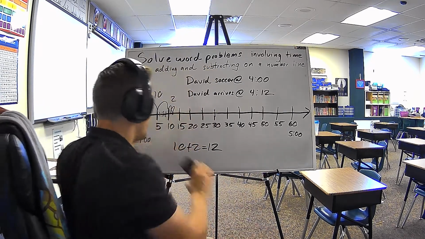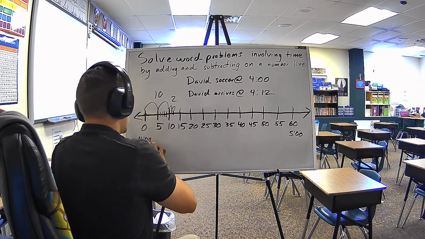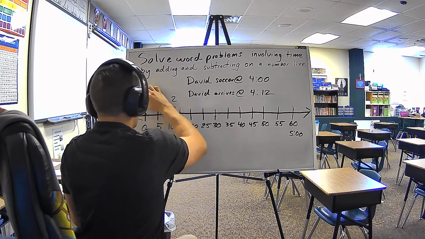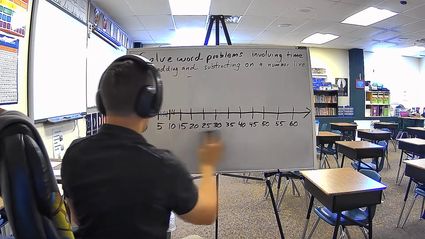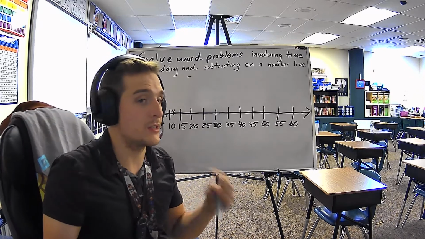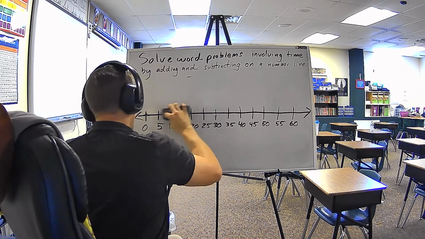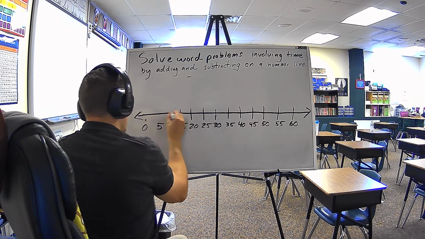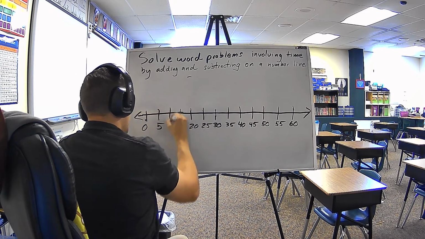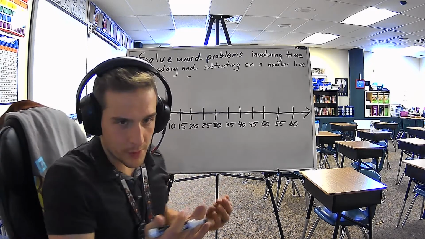Now, there are other ways that you can do this as well. Let's say I am not working in the realm of 4 o'clock to 5 o'clock or 6 o'clock to 7 o'clock. What I'm doing is a comparison. Or, not necessarily a comparison, but we'll just do the problem and I'll show you.